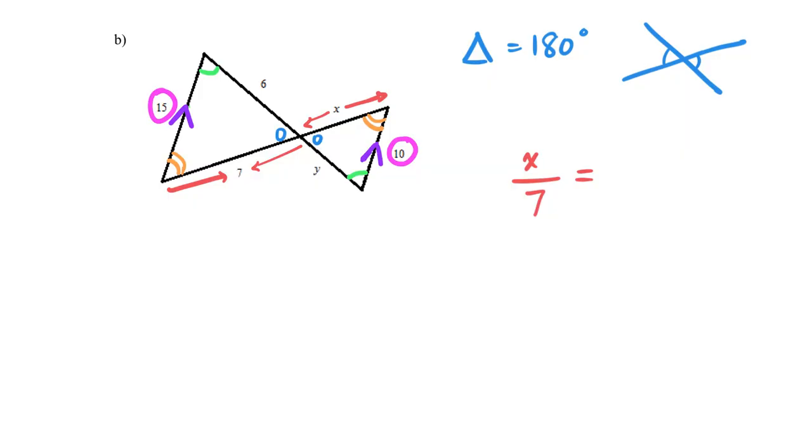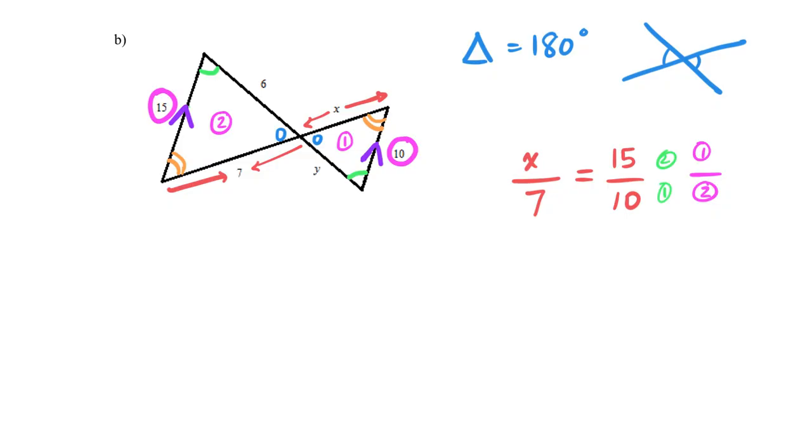So if you take a look at my red fraction, x over 7, now I want you to look back inside my triangles. If I called my small triangle, triangle 1, and I called my big triangle, triangle 2, then what I'm setting up in my red equation is triangle 1 on top of triangle 2. You look at my red, x is over 7, so triangle 1 is over triangle 2. If I mistakenly then wrote that fraction, maybe you can see that 15 over 10 would now be triangle 2 over triangle 1.